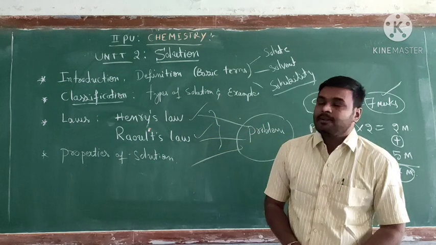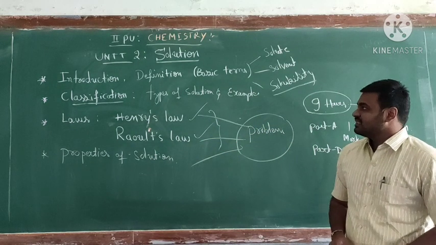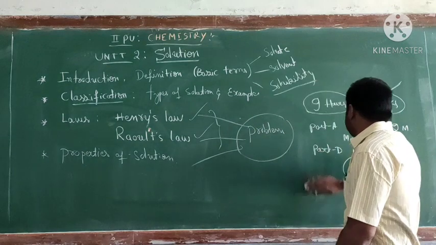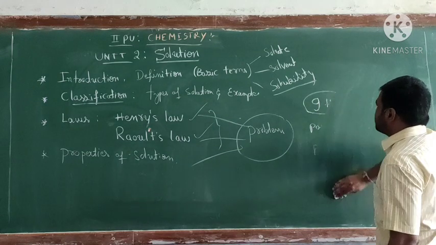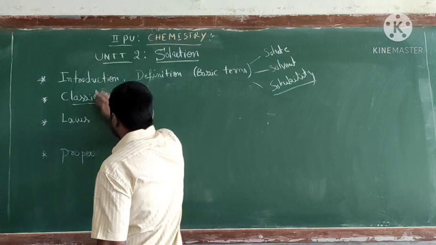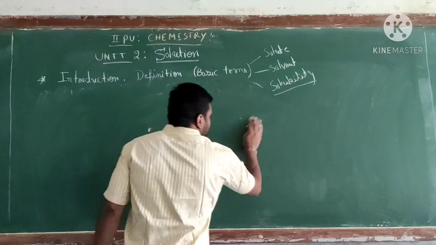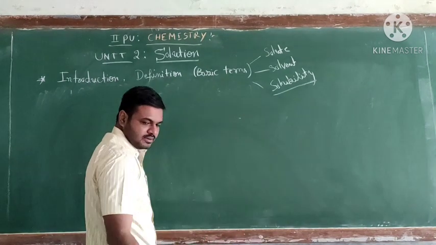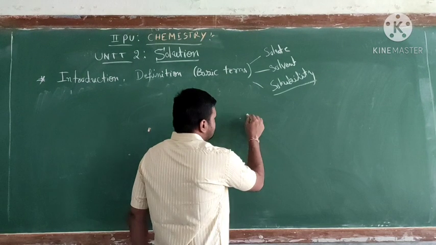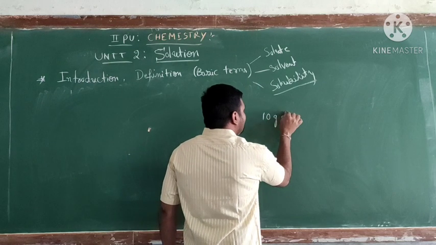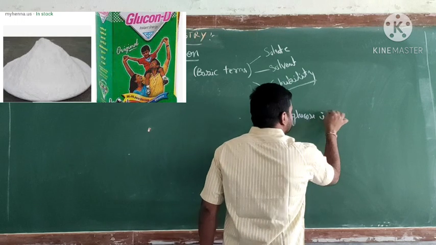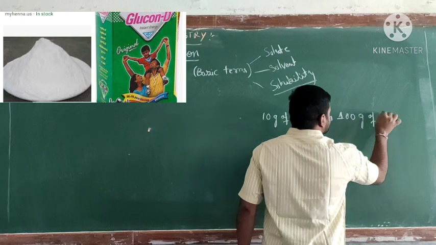Okay, students, so let me go for the introduction and the definition about the solutions. First thing, you take 10 gram of glucose in 100 gram of water.